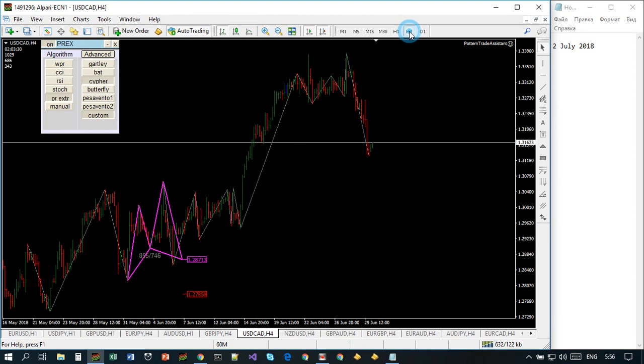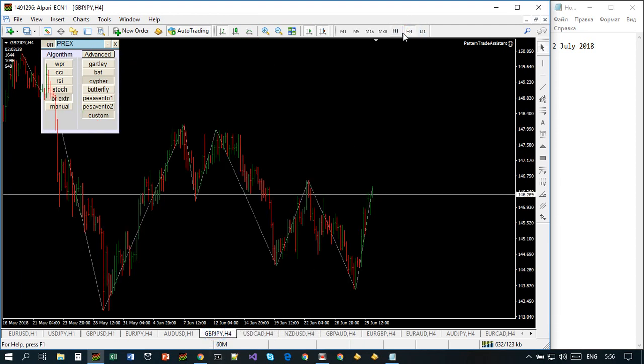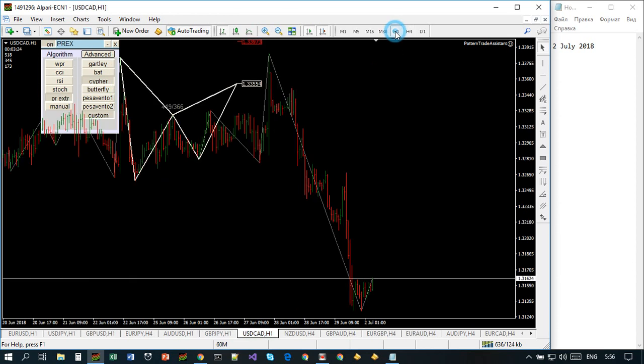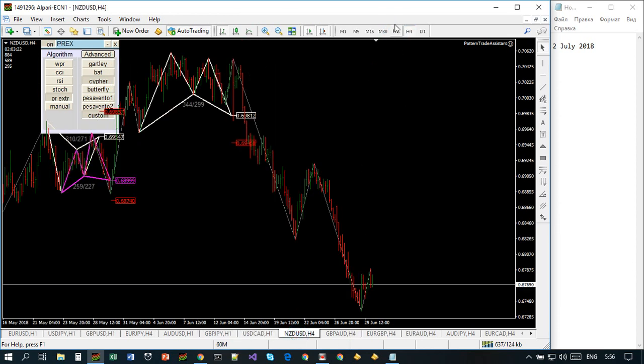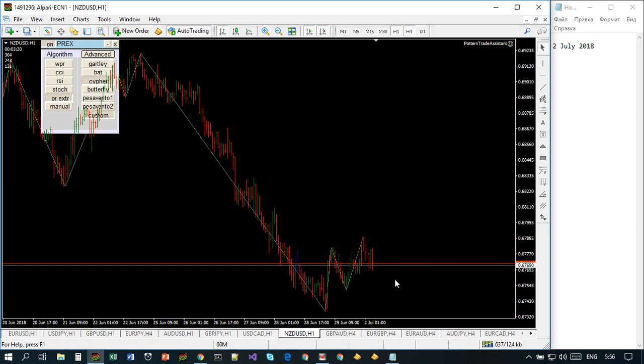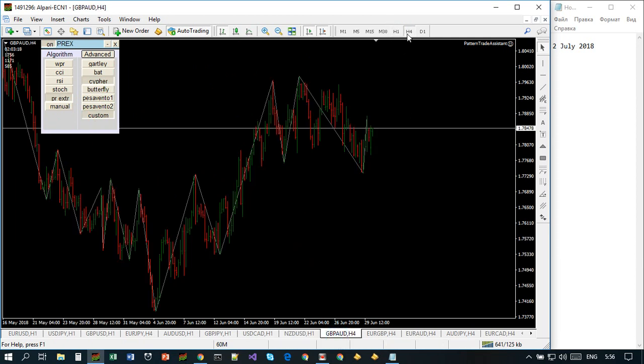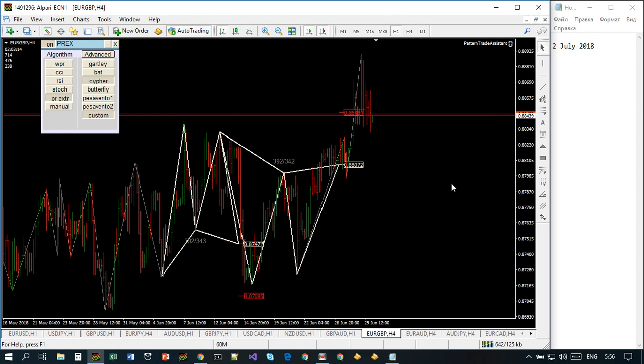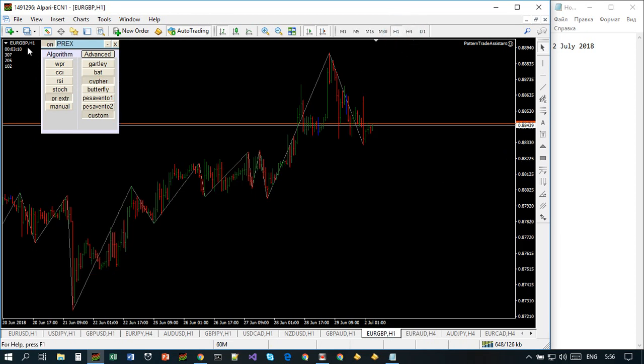Dollar Canadian, pound yen, let me switch to 1 hour. Okay, nothing. Dollar Canadian 1 hour, 4 hour. New Zealand dollar, nothing. Very simple, very fast. Euro GBP 1 hour, oh sorry, it was 4 hour, now we have 1 hour.